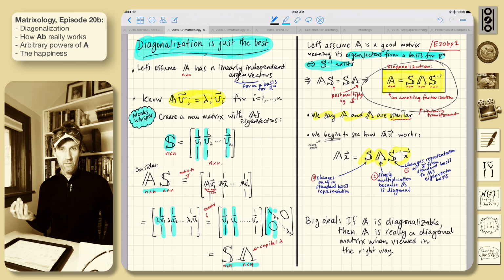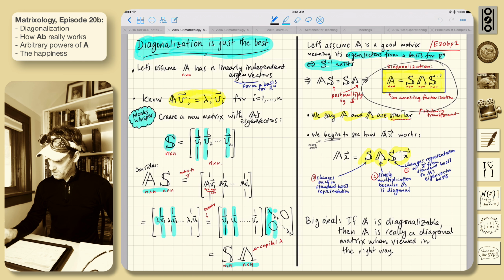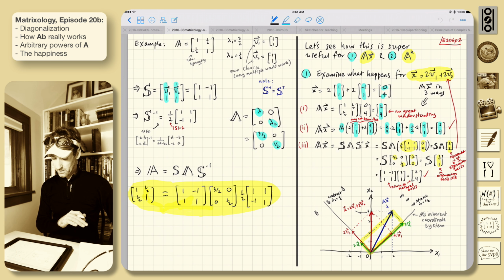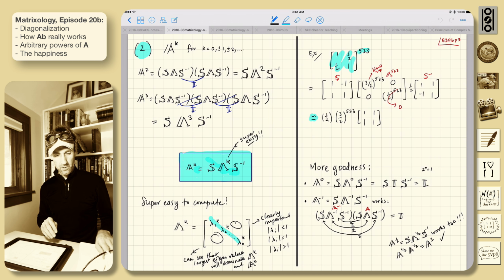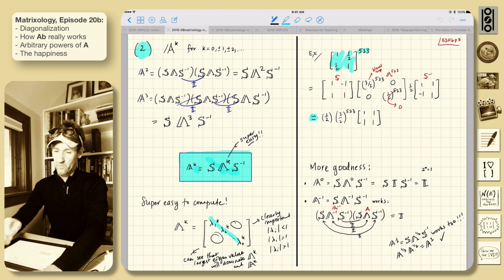It's certainly true for cases where they're not distinct as well, but it's something we have to worry about. But once that's there, we can do all sorts of things, raise powers. We can understand more deeply how A times x works. Again, more of that soon. We could raise it to arbitrary powers and indeed even to non-integer powers. Okay, you should be psyched. You should be thrilled that this is all true. It is.